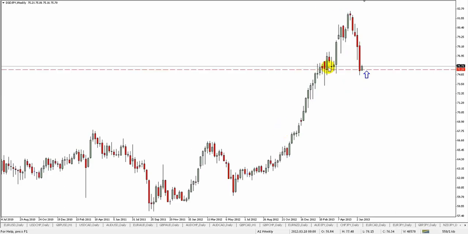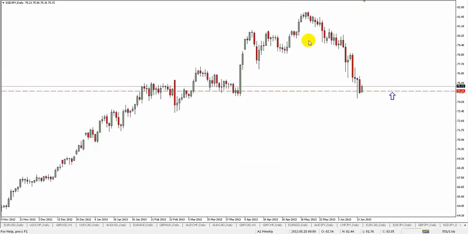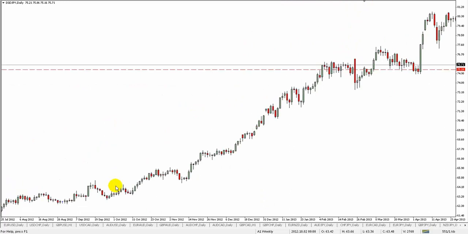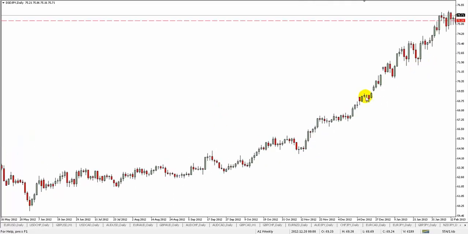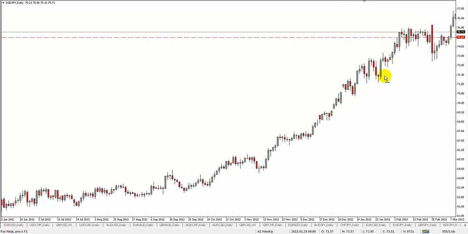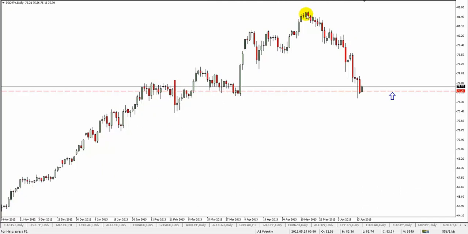On the daily, it's been really marching forward. You get this typical pattern of candles marching forward, lazing around, marching forward, lazing around, and finally up here we see the spillover and the market is just rolling over.